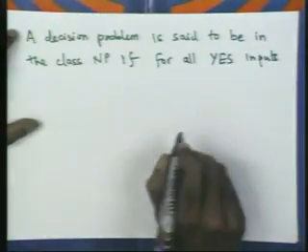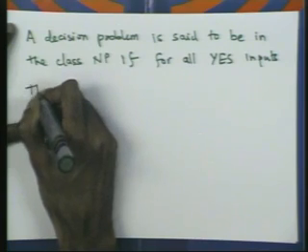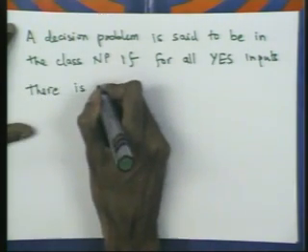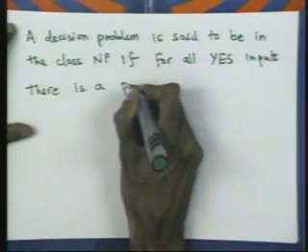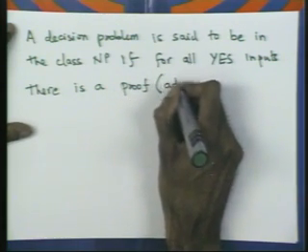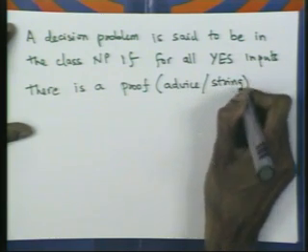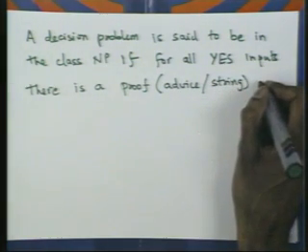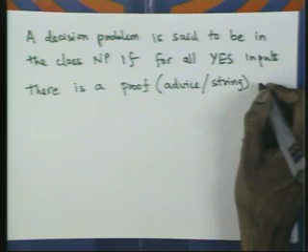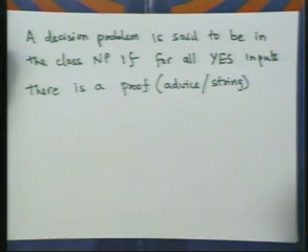Okay, let me write this down, then I'll explain what this means. If for all yes inputs there is a proof, okay, you can think of this as an advice or a string. Okay, so think of this as the string that the prover gives to the verifier. So this advice or string is what the prover will give to the verifier.